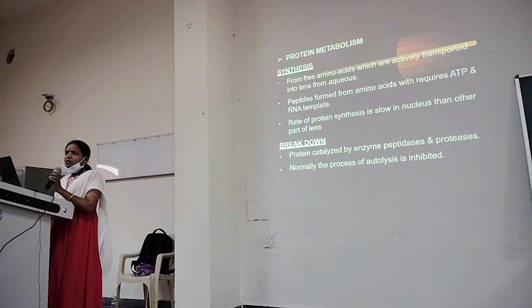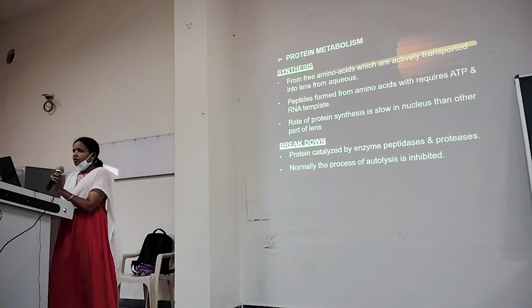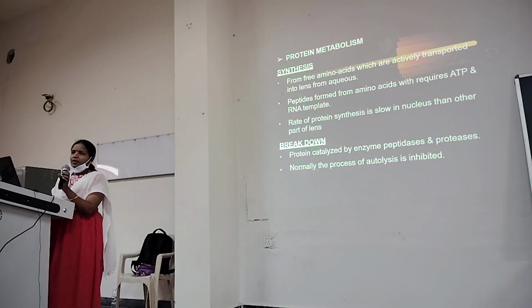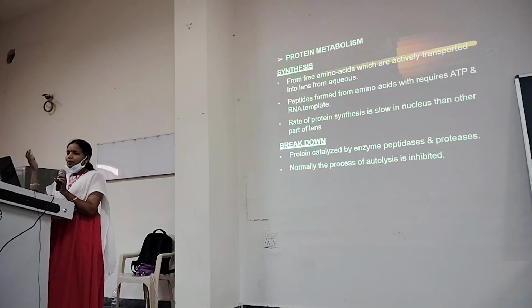Most importantly these are the soluble proteins, that is crystallins, which I have already told you. When the lens is in a transparent state, all these crystalline proteins are present. Once the lens loses its protein synthesis capacity, the insoluble portion increases and the lens starts losing its transparency.